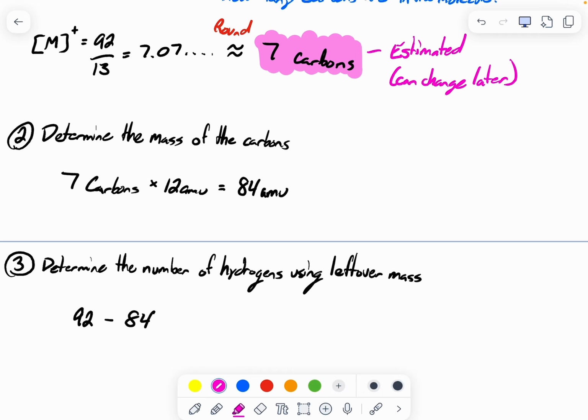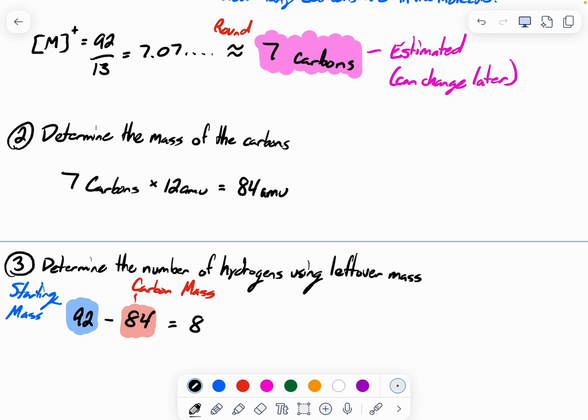So there's our starting mass and our carbon mass. If we subtract those, we see that we have 8 mass units left over. Those 8 mass units are the mass of our hydrogens in this spectrum. The good news about hydrogen is it makes our life really easy: they're all 1 apiece, so you don't even have to do the math.